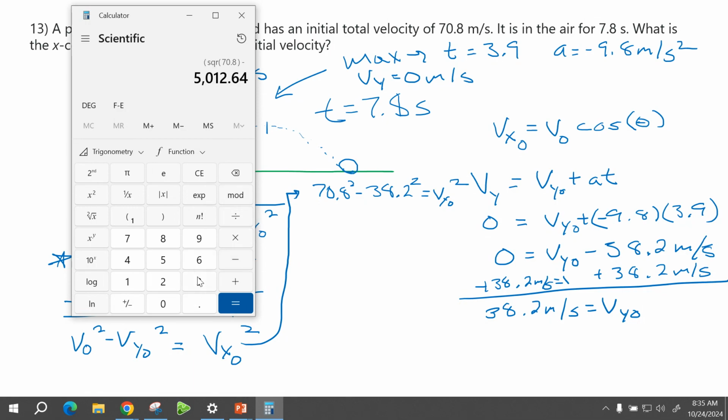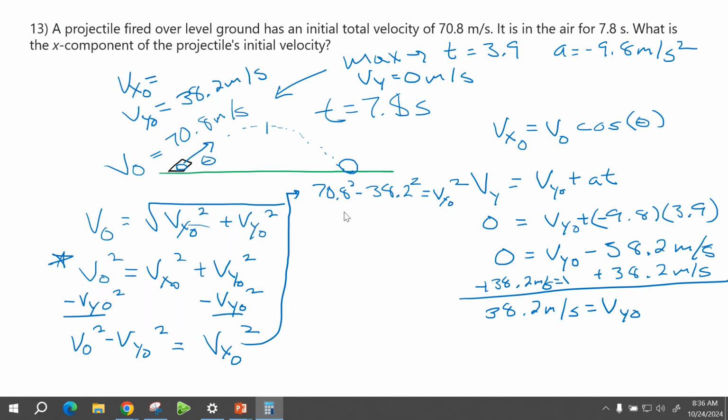Okay, good. 38.2 squared. Close my parentheses. So it's about 3553.4, and then I'll have to take the square root of that, right?